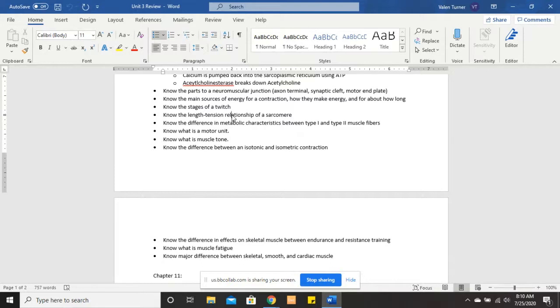So if you have a length-tension relationship where your sarcomere is anywhere between 80 to 120% its maximum length, that's a good area to be to get enough overlap. You need to space things out to give room for myosin and actin to do their sliding filament mechanism, for myosin to pull those actin heads or actin towards the M line.